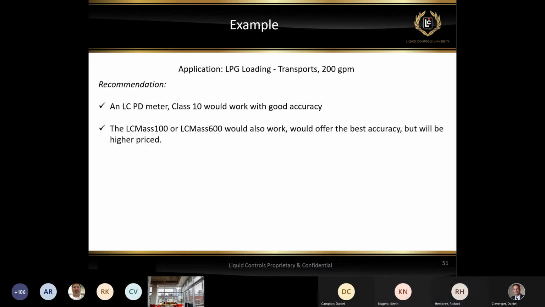But we could also offer the LC Mass 100 and LC Mass 600. They are stationary applications, so they would be suitable. And it would be certainly a higher price. So it comes down to what does the customer want and what is he willing to pay for it.